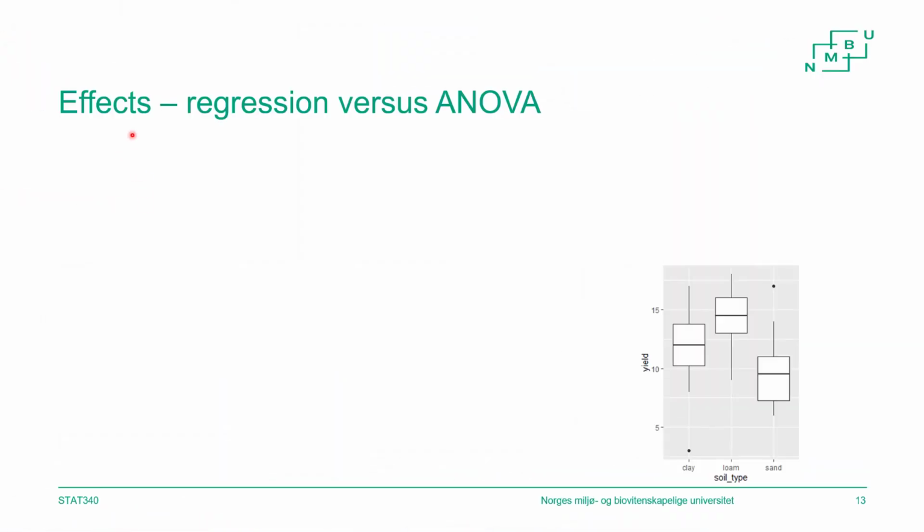So the effects that we see in ANOVA versus regression. Remember when we did the regression modeling, the effect of a predictor means the corresponding slope is not zero, you could say. If there are multiple predictors, there is one slope for each of them. So we tested if this is zero or not.